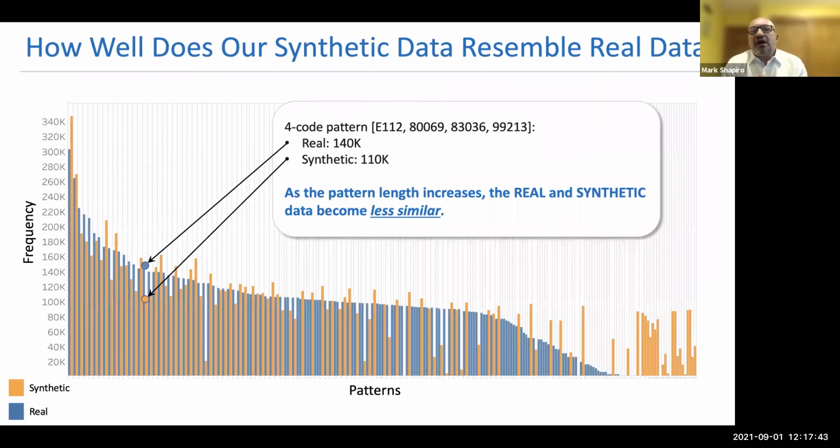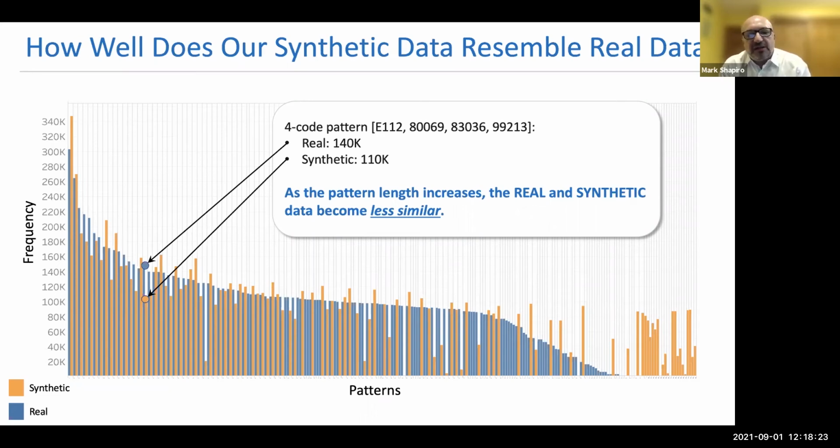When one looks at patterns, we looked at short patterns with 2 elements, say a diagnosis code and a procedure code. It could be longer patterns, such as 1 diagnosis and multiple procedures. We looked at patterns of 2, 3, 4, 5, 6, and more elements. It turned out that there are a lot of patterns that are common, and obviously the shorter patterns are more common between the real and synthetic data.